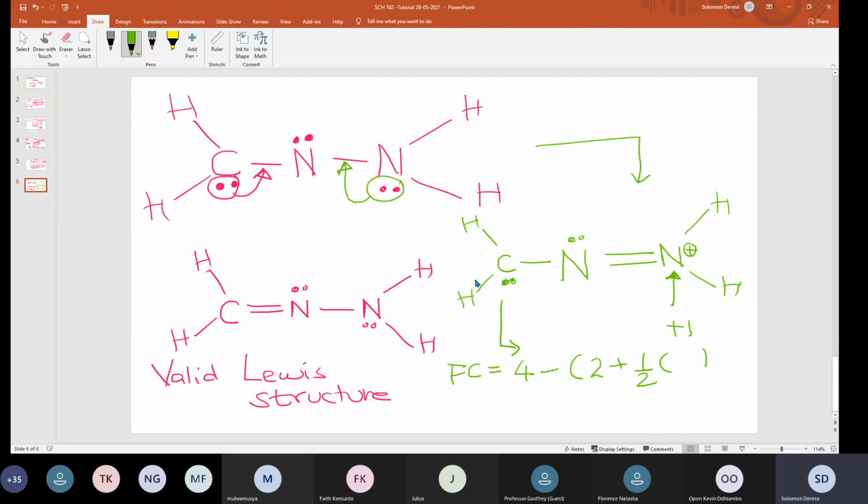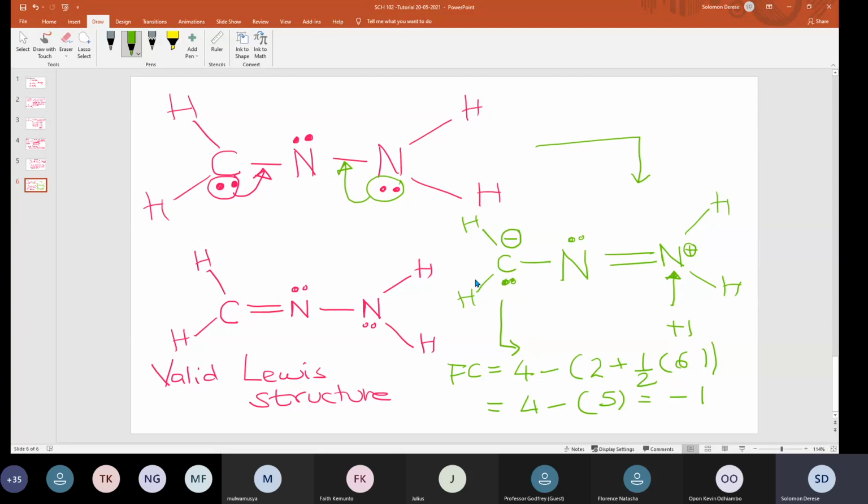So the total number of bonding electrons is 6. When you calculate the formal charge, it will be 4 minus 5, which is minus 1. So this will put a negative charge on this carbon.